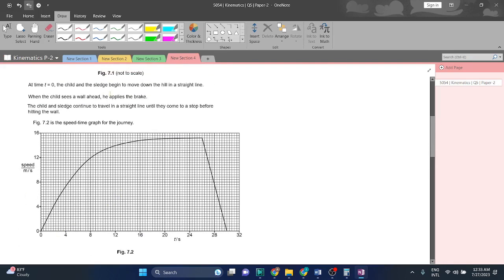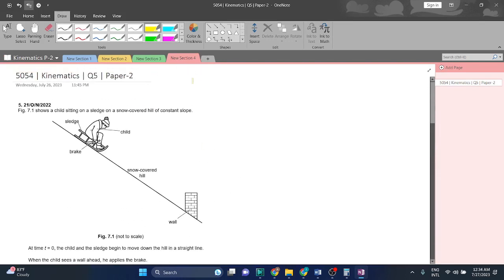First of all, for the first few seconds, the acceleration is constant because there is no backwards force. ठीक है ना? There are no backwards forces, right? The only force which is acting is the component of weight, which is acting in this direction. ठीक है ना?